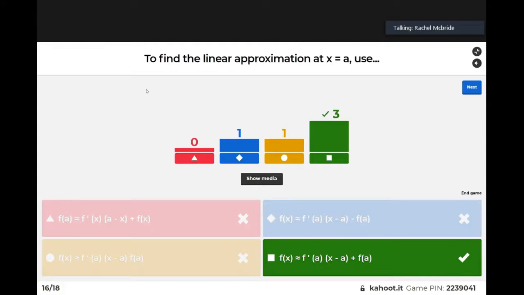Whoa, okay, I guess it was on a limited time. I didn't realize. So, correct answer is green. L of x is approximately the derivative times x minus a plus f of a. It's slope, x minus x1 plus y1.